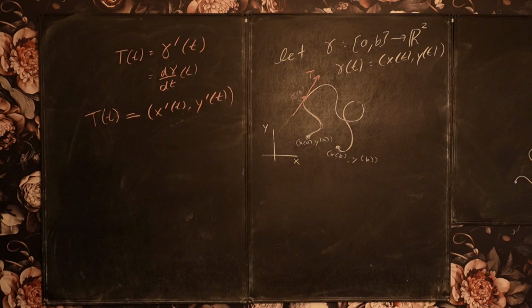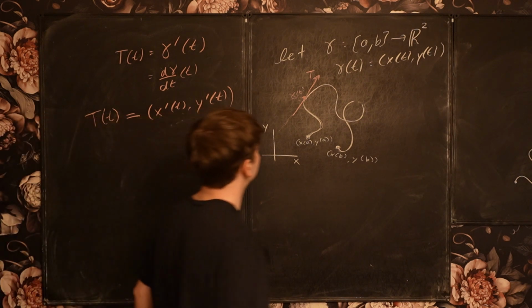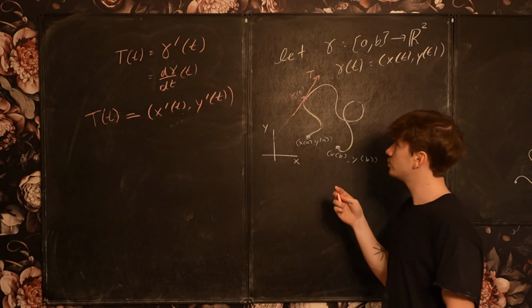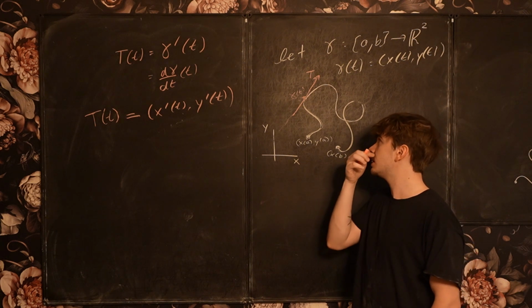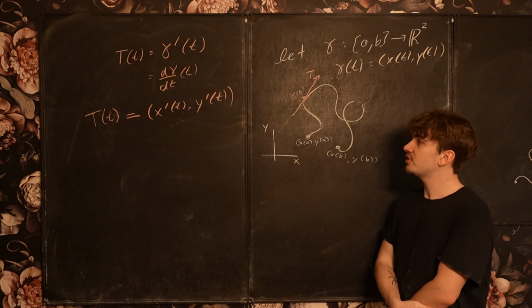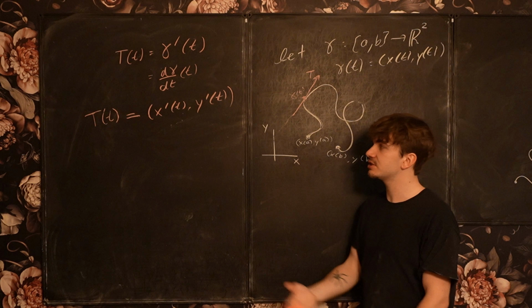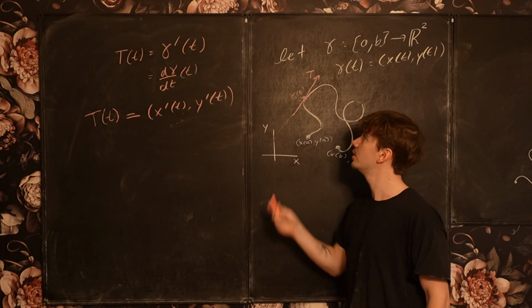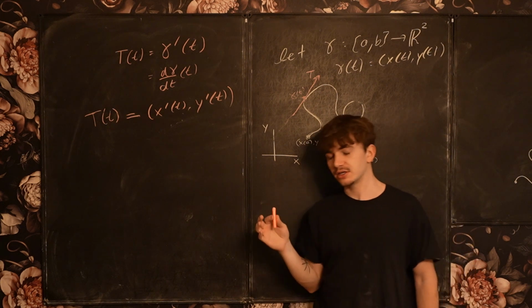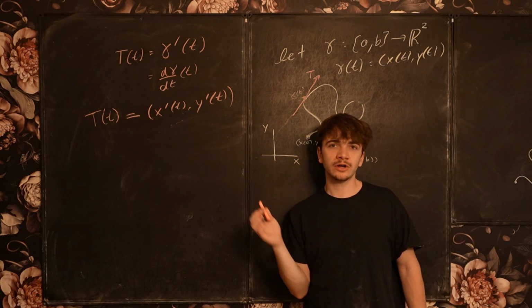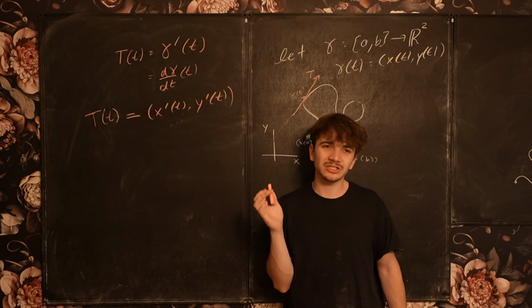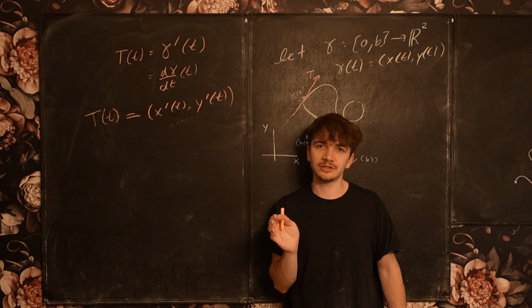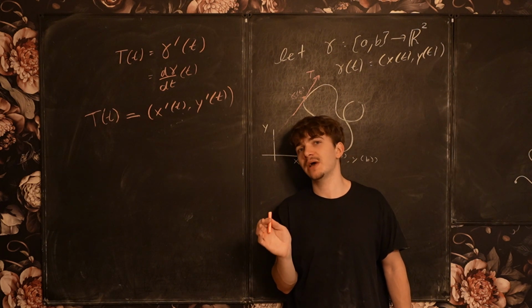Now that we have our tangent line, we want this tangent vector to have unit length, because to understand the curvature, we really just care about the direction of the tangent vector. We don't care about its magnitude.